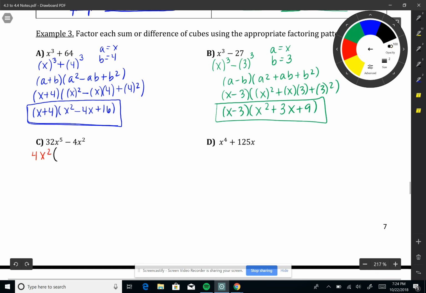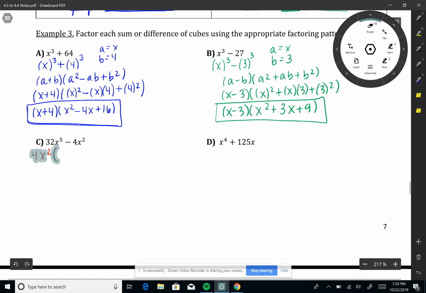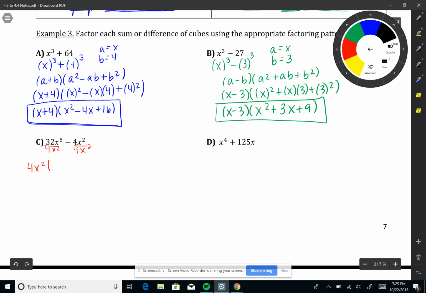So if I take that out of those two things, actually, let me write that in a different way so you can see what I'm doing. If I put a 4x squared out front, remember that is like we're taking both of these and dividing them by 4x squared, just to give you a little idea. So when I take 32x to the 5th divided by 4x squared, I get 8x cubed.